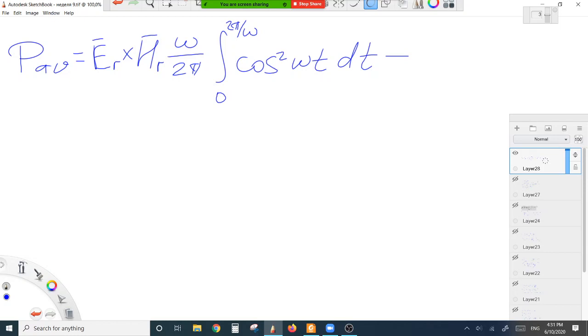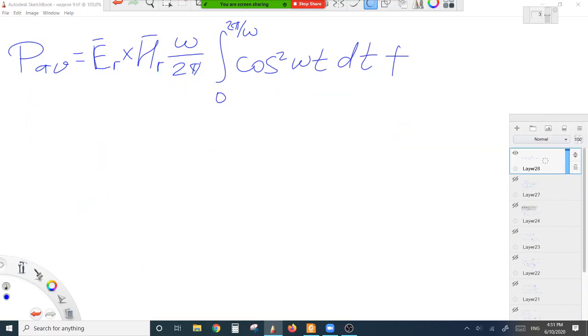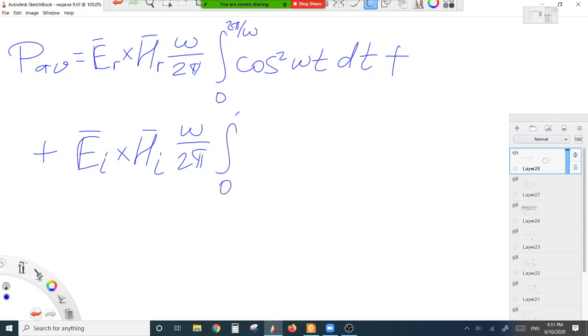Plus, the second term, E_I cross H_I, omega over 2 pi, the integral from 0 up to 2 pi over omega of sine squared omega t dt.